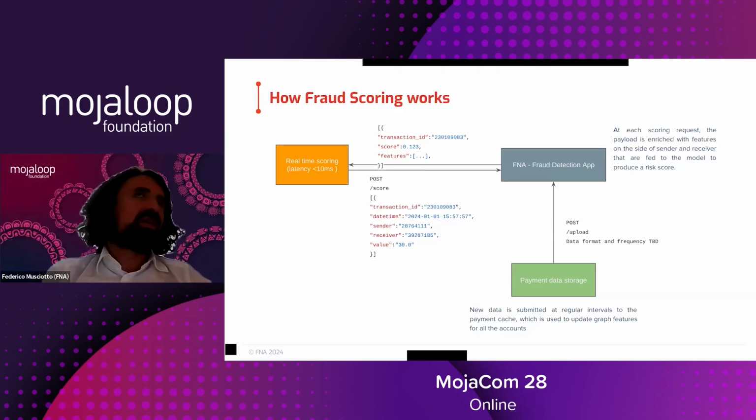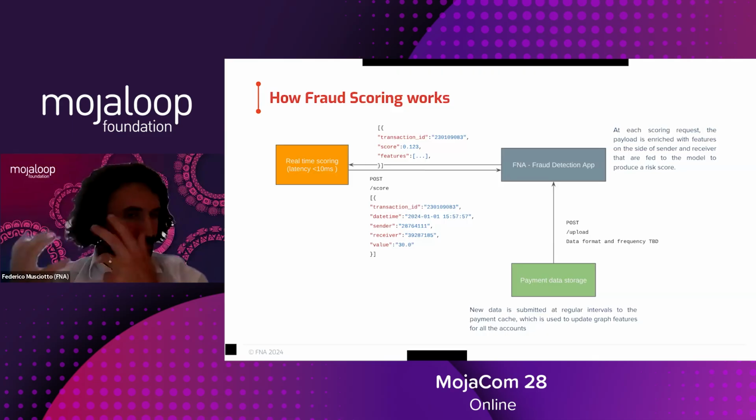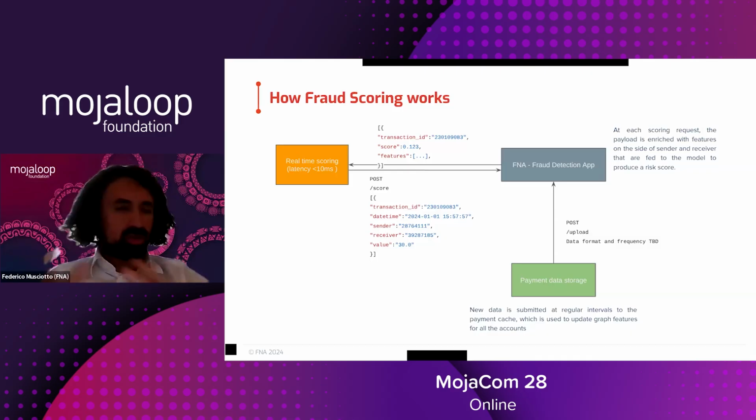Also, if this is more associated with mule behavior, then it's already carrying some signal that you can maybe use: the fact that there are usually these new identifiers that are not carrying much past data, past activity, and so on.